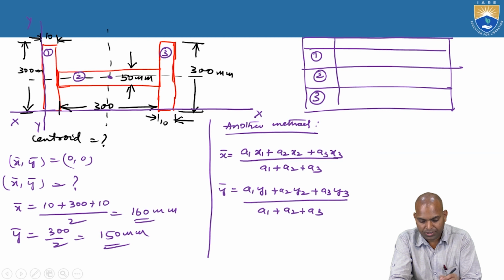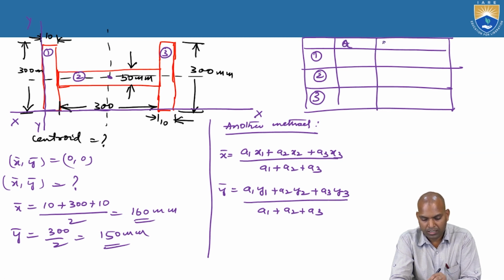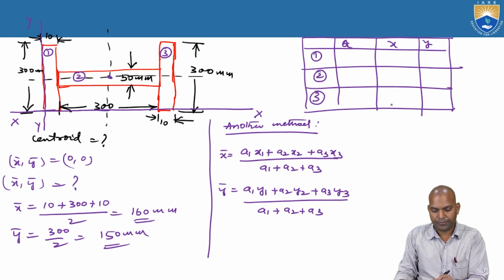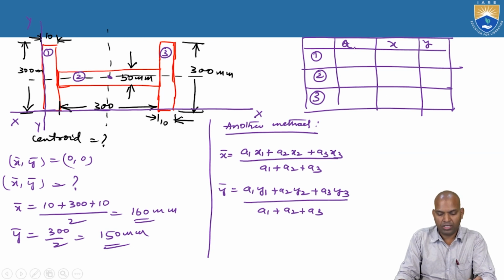What about areas? Area a, and X and Y, sorry, not bar X, that is X and Y. Section 1 gives x1, section 2 gives x2, and section 3 gives x3. Similarly areas a1, a2, a3.